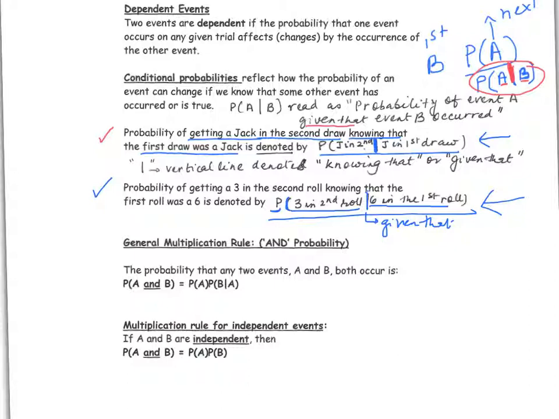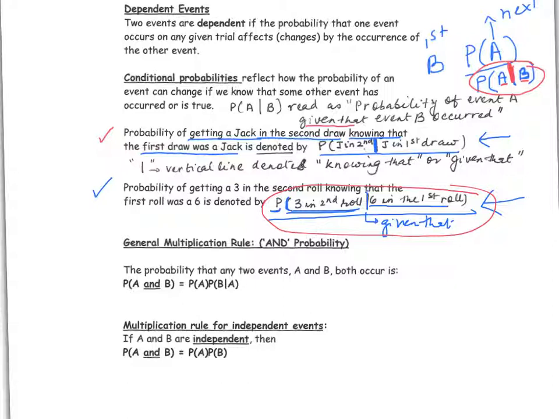We get 6 in the first roll, and we're trying to calculate the probability of getting a 3 in the second roll. Do we really need to know what happened in the first roll to figure out the probability of what happened in the second roll? And the answer, we know clearly, is that we don't need to know what happened before, because every time you roll a die, the probability of getting a 6 or a 3 remains the same no matter what happened before.